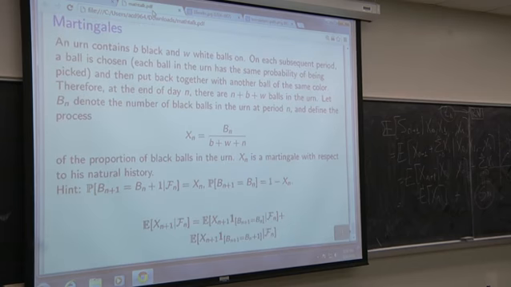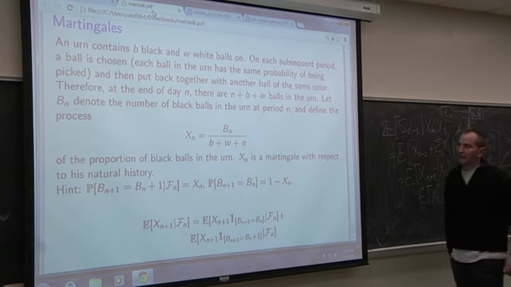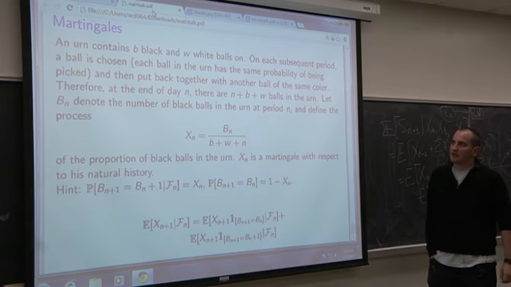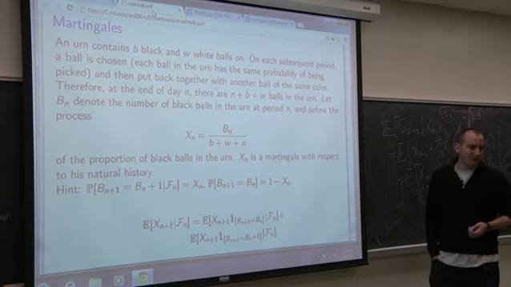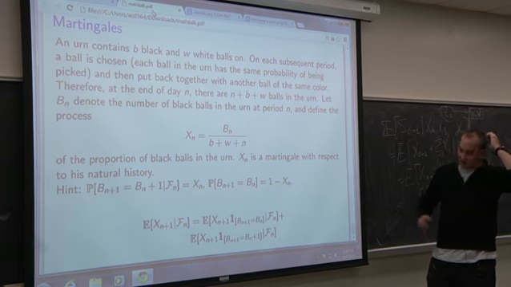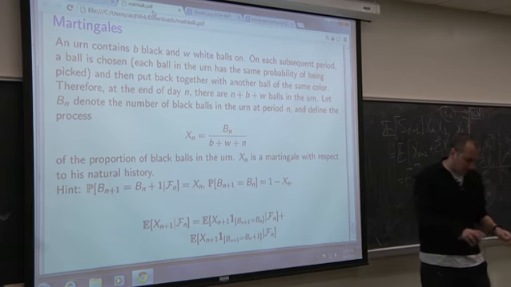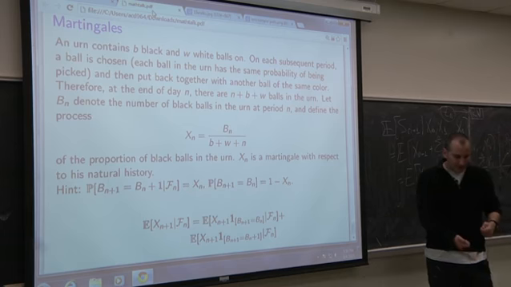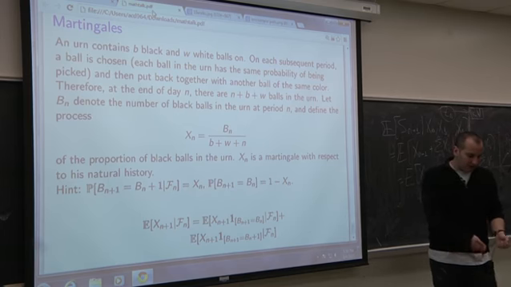I've put a set of slides online, and this is from Gordon Zitkovic's notes. It's a nice example of a martingale that you can compute. An urn contains B black and W white balls, and the game is the following. I pick one ball at random, and if I pick black, I replace it with 2 black balls.